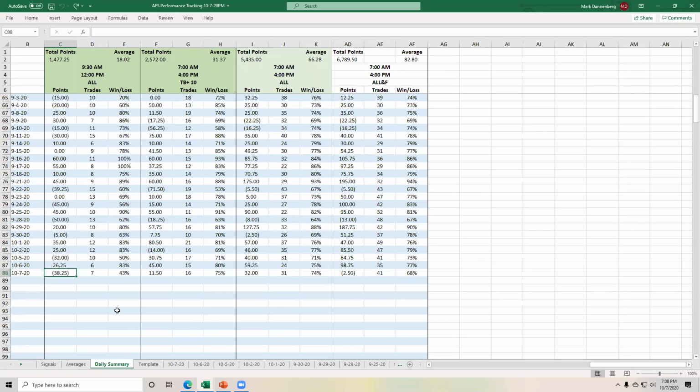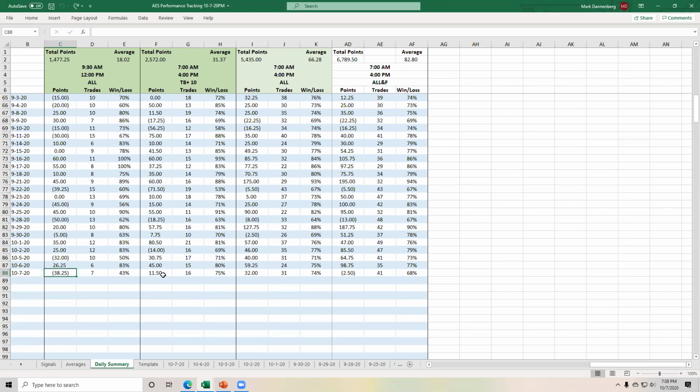So we can see here that today, in the 9:30 to 12 category, we lost 38.25 points. It's a losing day today. Those happen, and we did 7 trades.